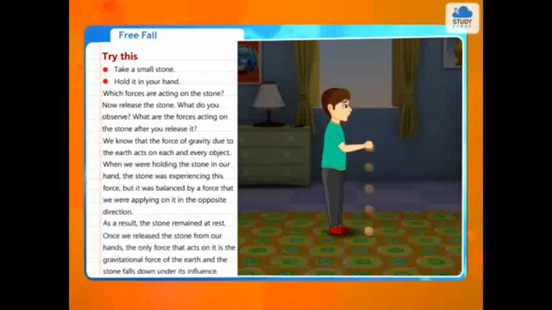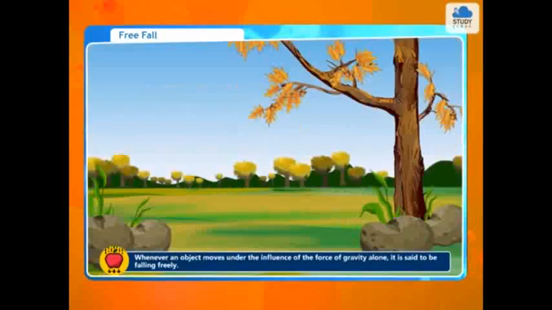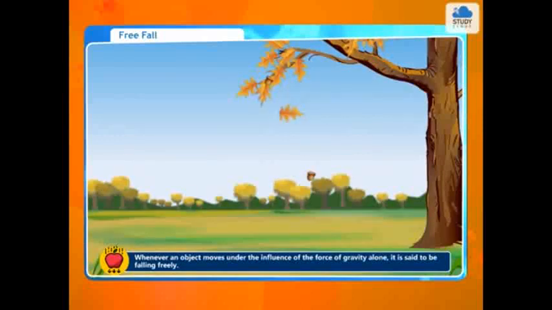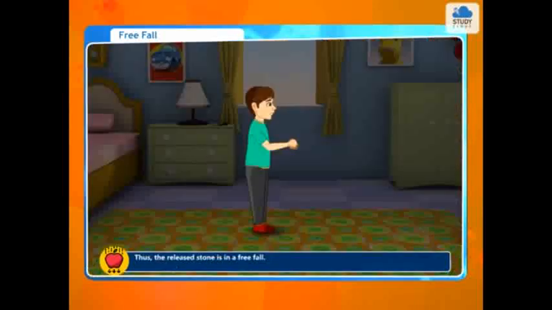Once we release the stone from our hands, the only force that acts on it is the gravitational force of the earth, and the stone falls down under its influence. Whenever an object moves under the influence of the force of gravity alone, it is said to be falling freely. Thus, the released stone is in a free fall.